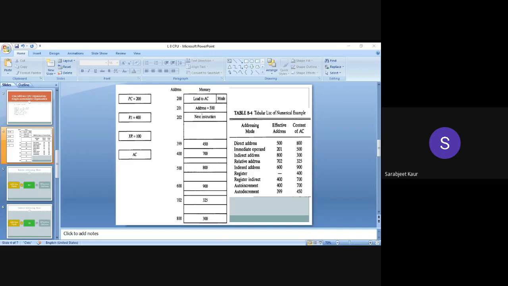The base address remains the same. So this becomes 1: 200 plus 1, 201 is the next element. Then 2: I change the index, 200 plus 2 is equal to 202, and I am able to refer to the third element. So this is called the indexed addressing mode. Is this clear to everybody?